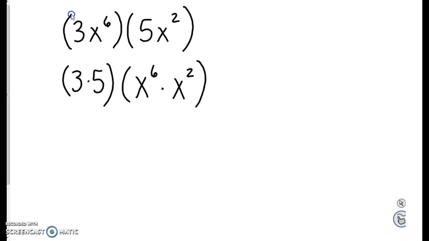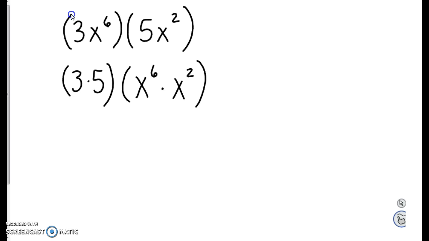Now here I'm just using my commutative property and my associative property. My commutative property tells me that I can change the order of my factors, and my associative property tells me that I can group them however I like. So I move the 3 next to the 5, I move my x's next together, and then I regroup them using my associative property.